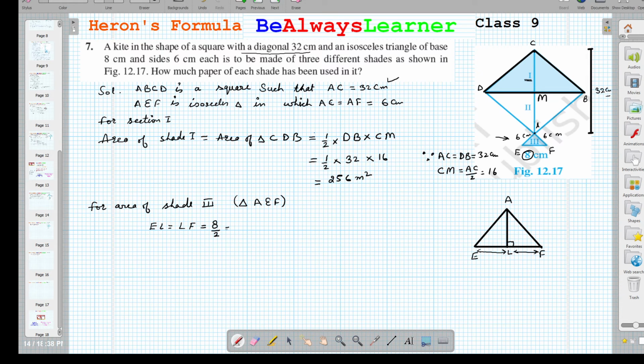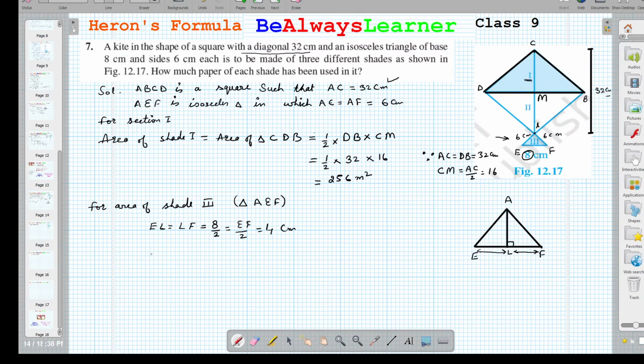So that is nothing but EF divided by 2, that is equal to 4 centimeter, right? So this is EL we are having. Now we have to calculate this AL also, because base into height we want to do.